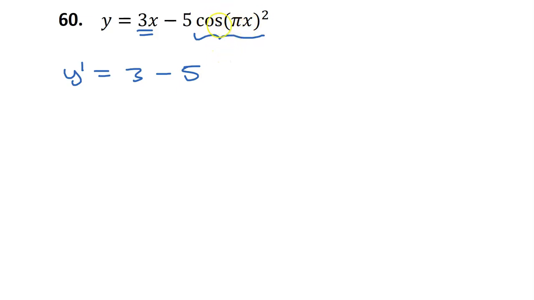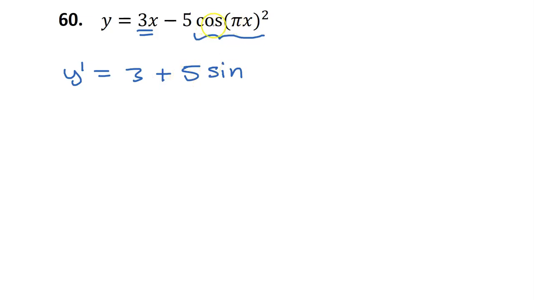The outer function is the cosine. So we're going to go ahead and take the derivative of that, and that will be negative sine. The derivative of cosine is negative sine. So I'm going to put sine here, but because it's negative sine, it's actually going to turn this into a positive.